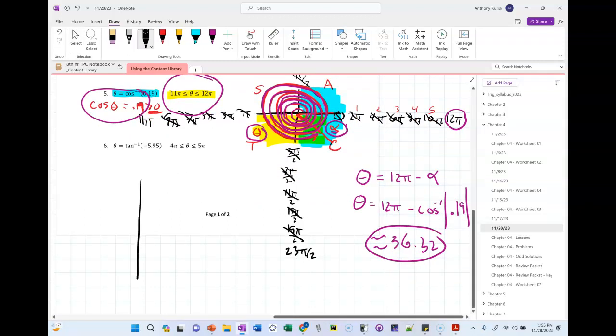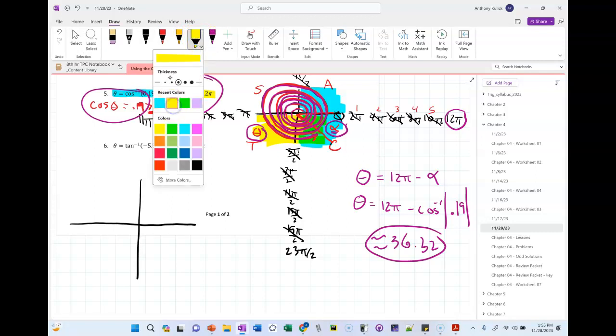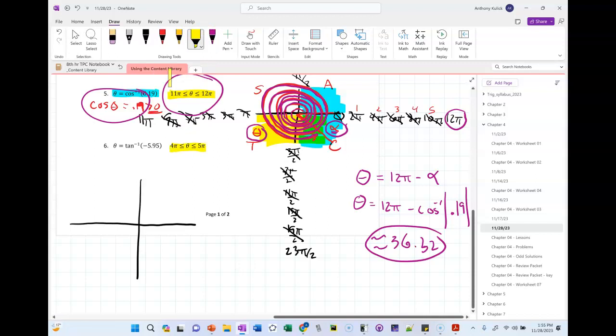So we'll start the same way. We're going to look at the interval, and we're going to look at what quadrants are covered from 4 pi to 5 pi. So again, positive angles. I'm counting counterclockwise by halves.